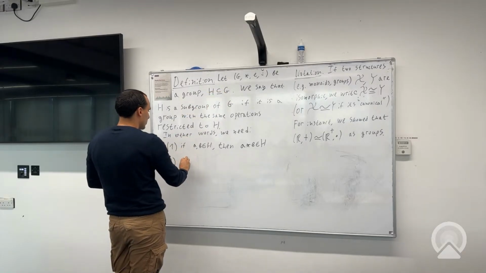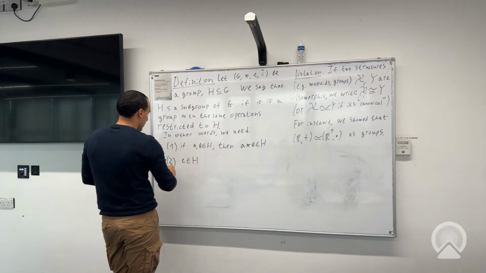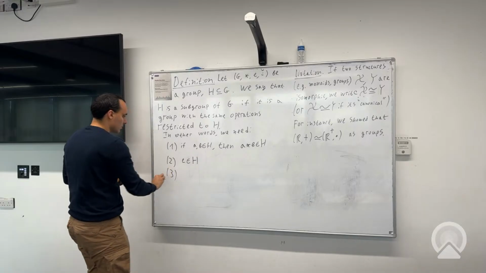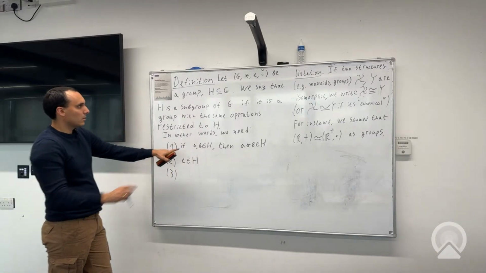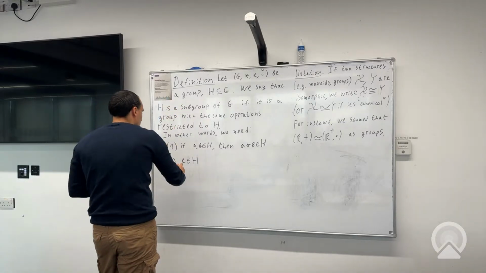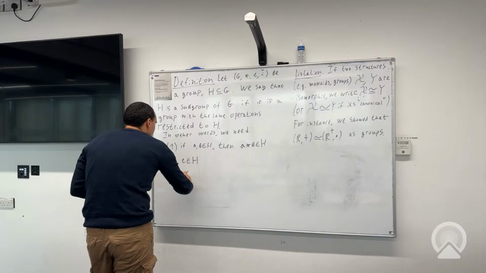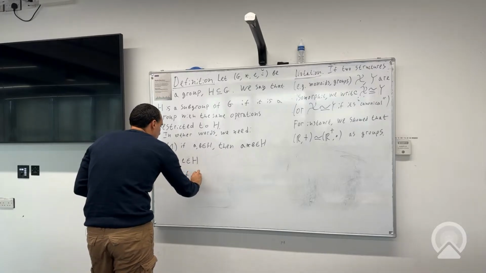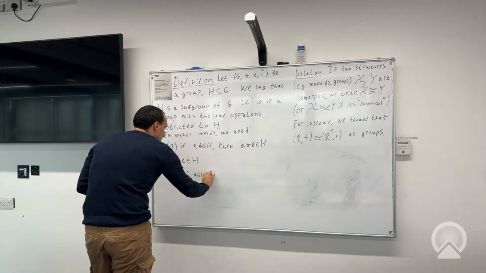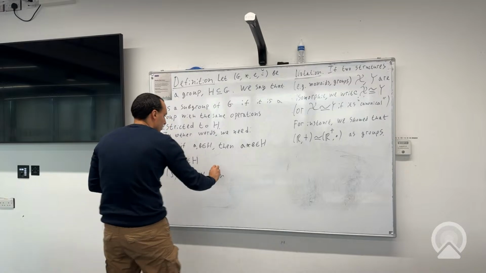The identity is also in H. And three, the inverse is also in H. So if A is in H, then its inverse is also in H.